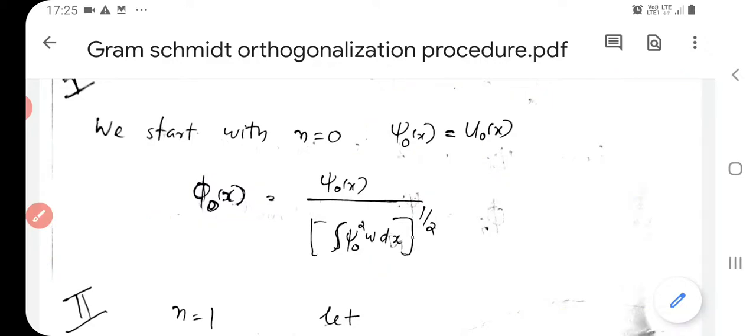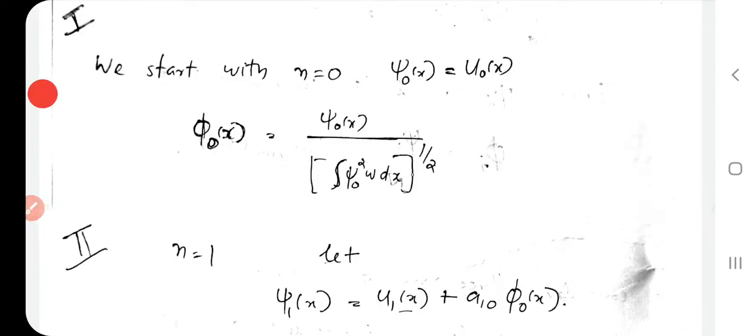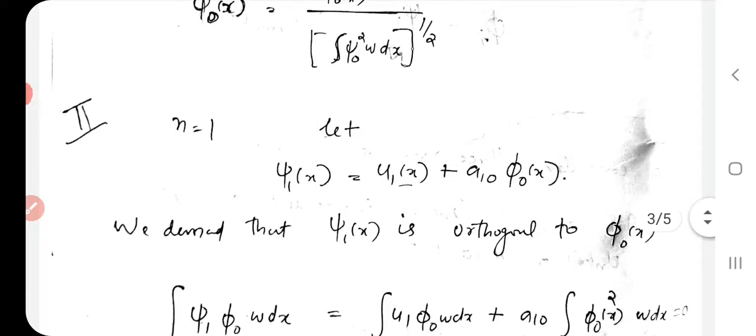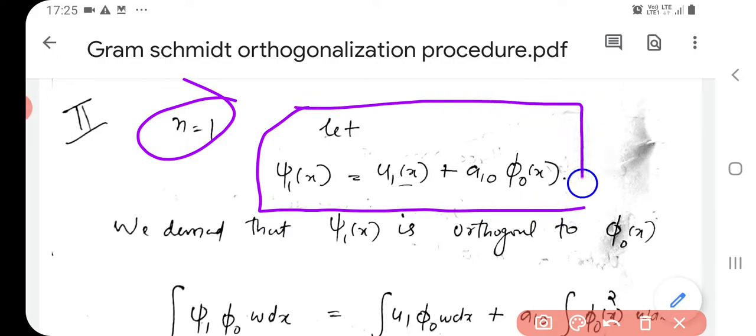So we have the normalized one. Now what we do is we want to have the second function in the set. We put n equal to 1 and suppose that we choose psi 1, the second function in the orthogonal set, as psi 1 of x equal to u1 of x, u1 is with us, plus a10 phi 0 of x.